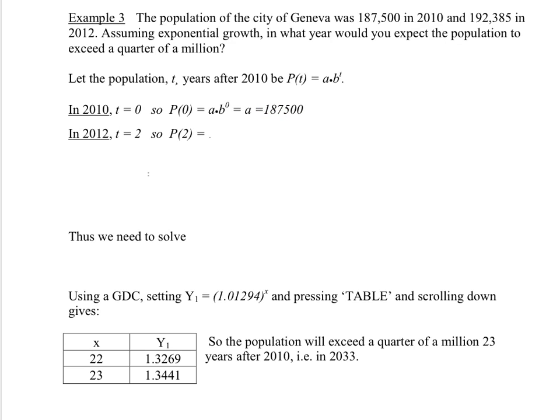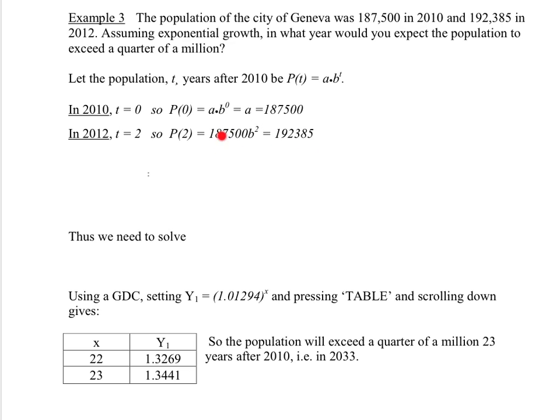Now, to figure out what b is equal to, we use the second population, 192,385. So we have this population after 2 years is equal to a, which we found out already, 187,500, times b to the power of 2. We're just putting what we know back into this equation. We've got a, we found it over here. We don't know what b is, but we know that t is equal to 2.